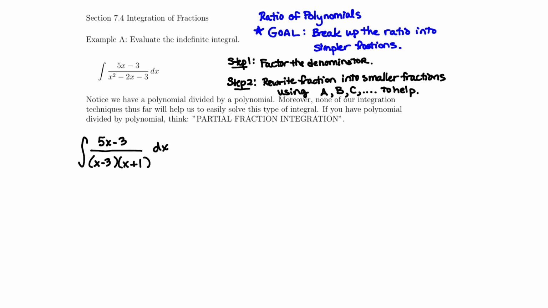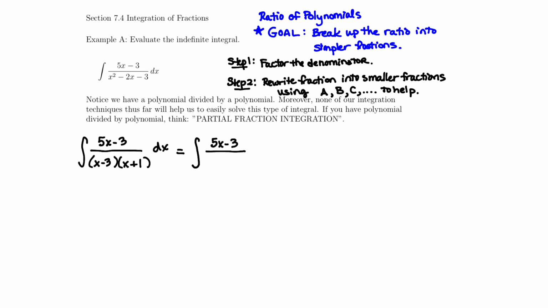So I'm going to take this ratio of two polynomials and rewrite it as a sum of two smaller fractions. I know from adding and subtracting fractions that least common denominators come from smaller factors.